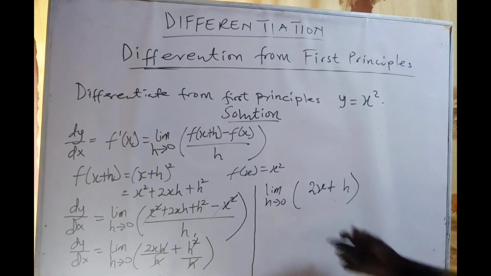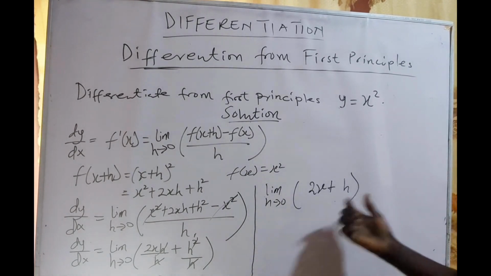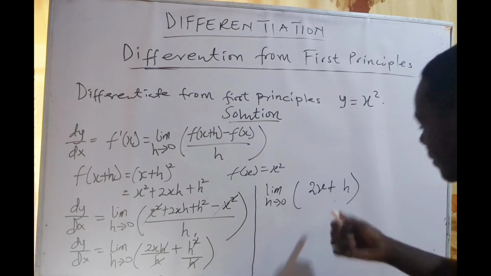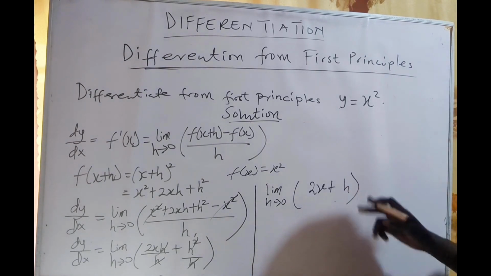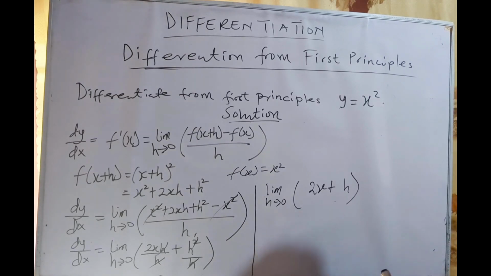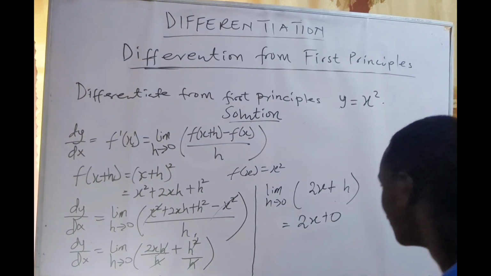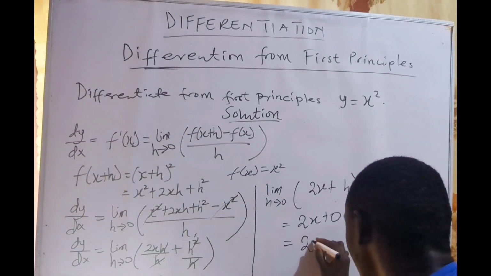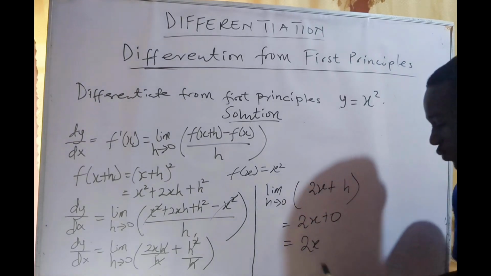As h approaches 0, we substitute 0 wherever we find our h. So we have 2x plus 0. By substituting, the final answer is 2x. So from here we can see that the final answer is 2x.